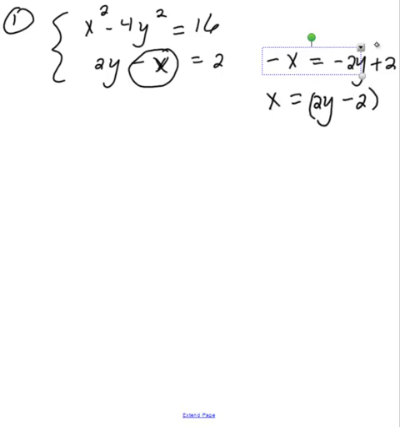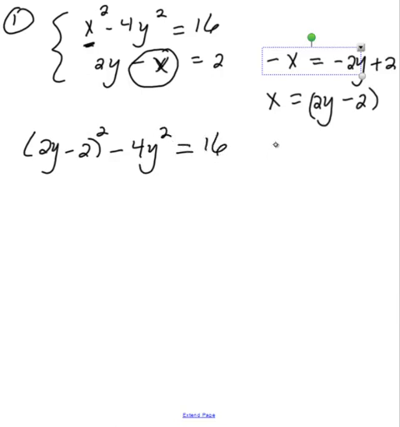Enclose that in parentheses, and I will substitute that expression into the other equation in place of x. So this x right up here will become 2y minus 2. So I've got 2y minus 2 squared, and write the rest of the equation down.